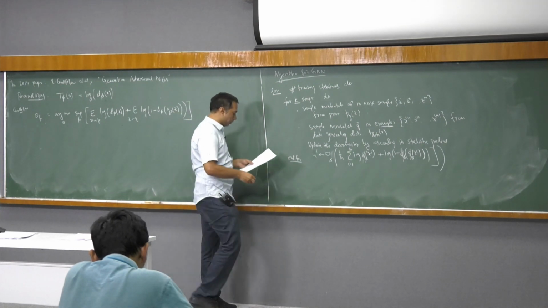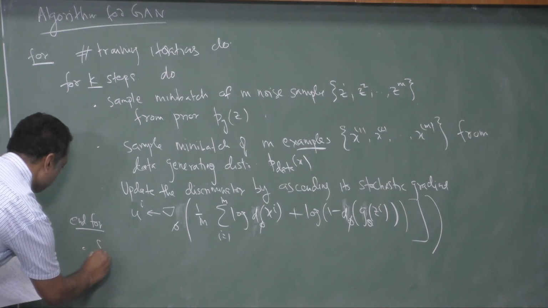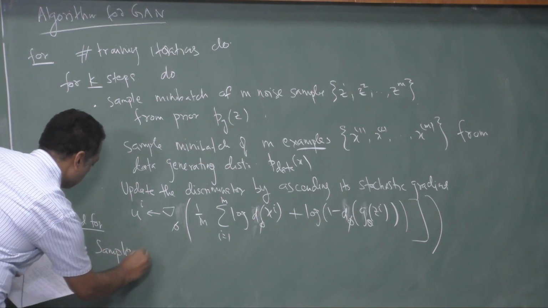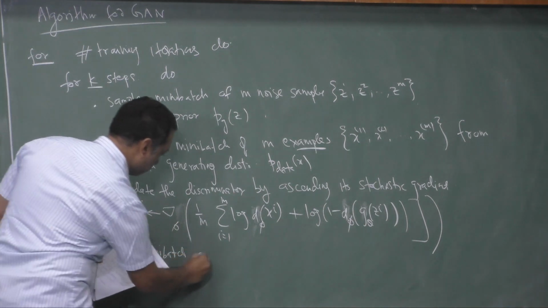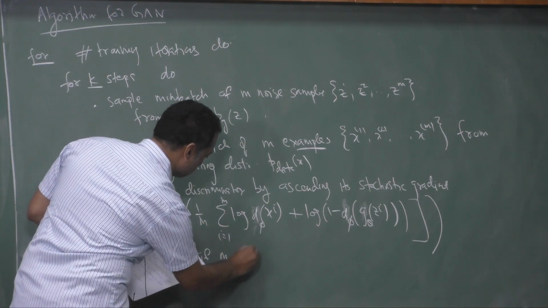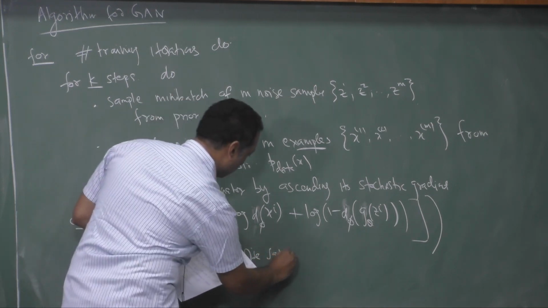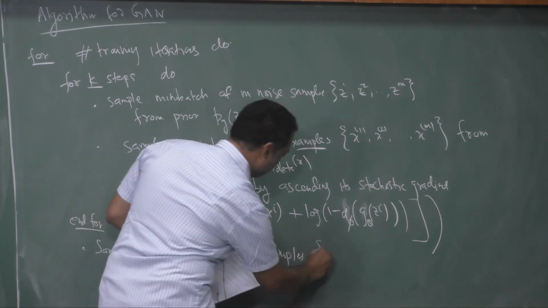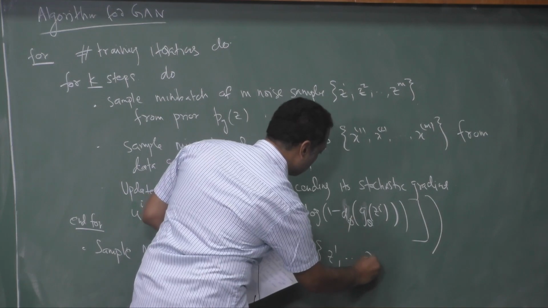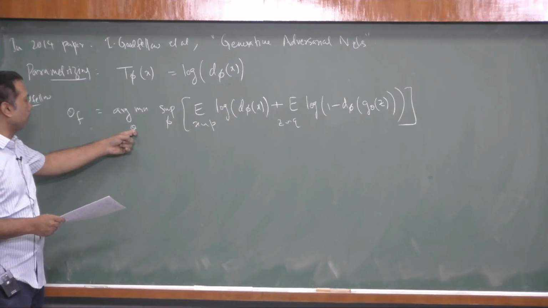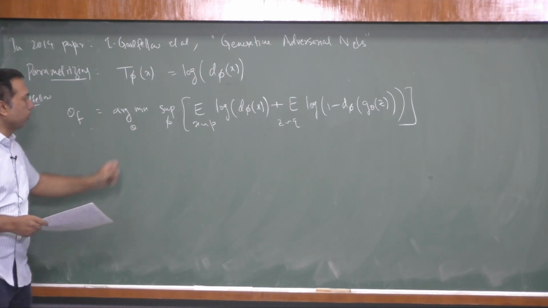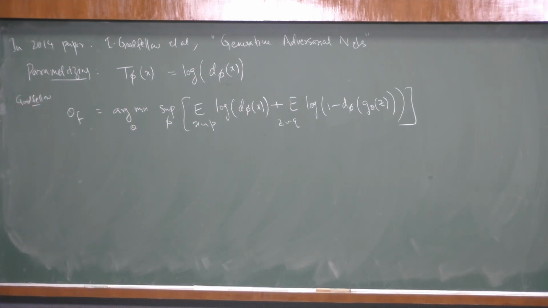Sample a mini batch of m noise samples z1, ..., zm. In this case, since it's a generator, it's a min problem because theta goes with G. So it's a minimization problem, and we have to do gradient descent.